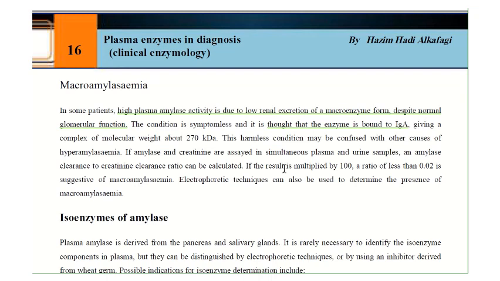This harmless condition may be confused with other causes of hyperamylasemia.